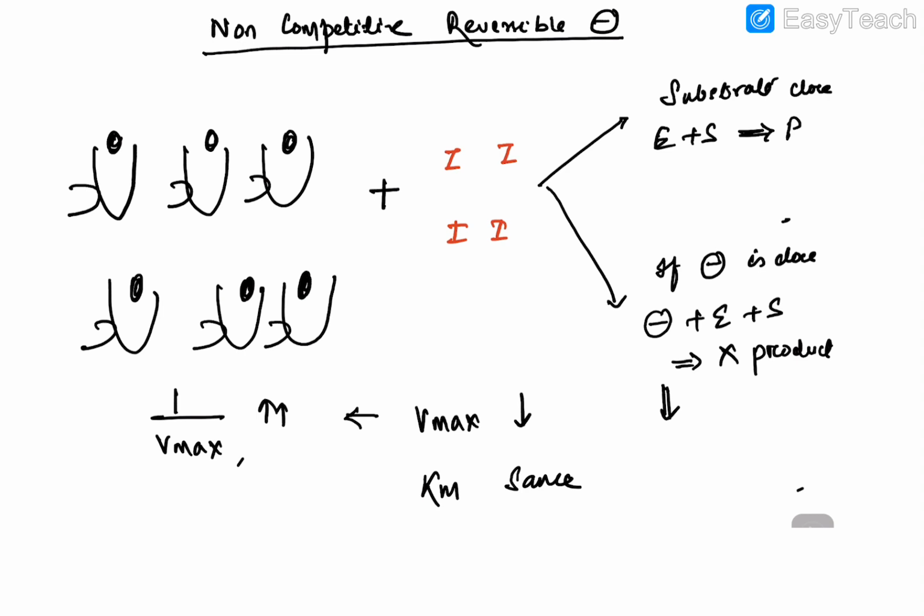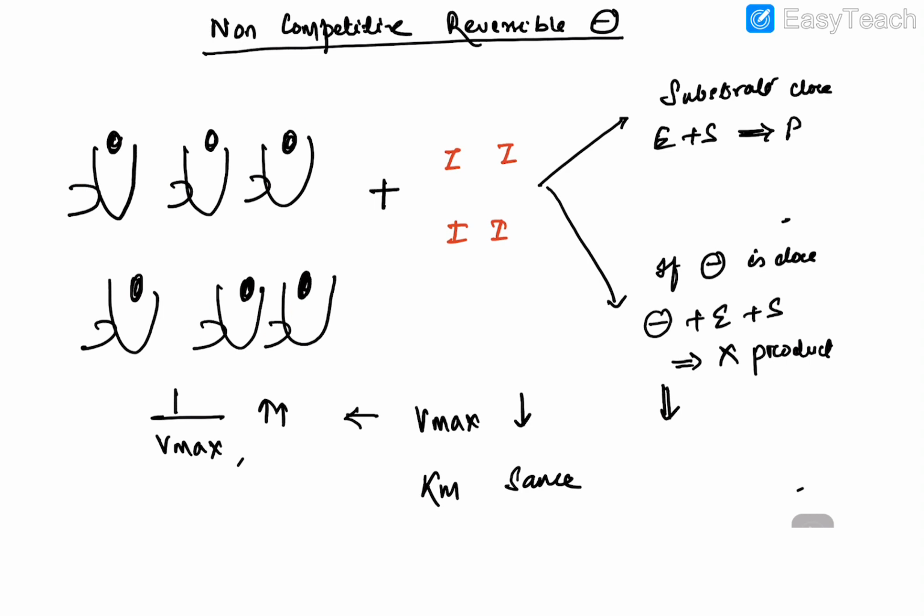These allosteric inhibitor sites are already present. Please try to understand this difference between uncompetitive and non-competitive here. In uncompetitive, the allosteric inhibitor sites appeared only after we added the substrate to the enzyme substrate complex. But in non-competitive reversible inhibitors, these inhibitor sites are already present on the enzymes.